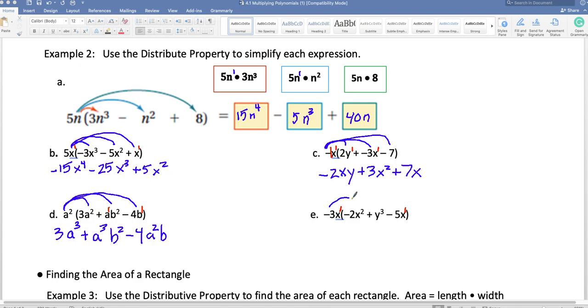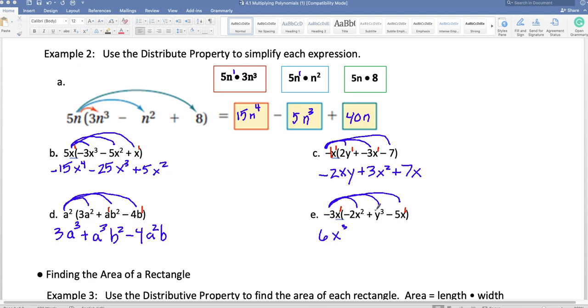All right, this is going to multiply here, here, and here. Negative 3 times negative 2 is going to give me a positive 6. X times x squared, 1 plus 2 is going to give me x cubed. Okay, that's a negative times a positive.